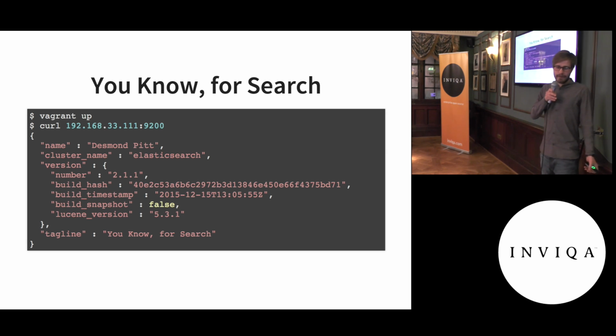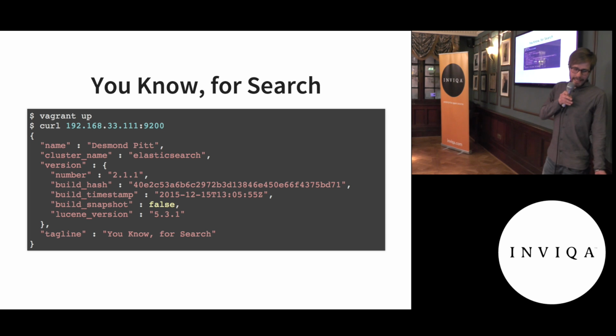And yeah, so you run vagrant up and it's ready on the defined IP address, and you can curl the IP address you defined, and the response it will give you is this. You might know this from the Elasticsearch documentation, or if you ever get there, you will see it on one of the first pages. It just replies the current version and the tagline, you know, for search.